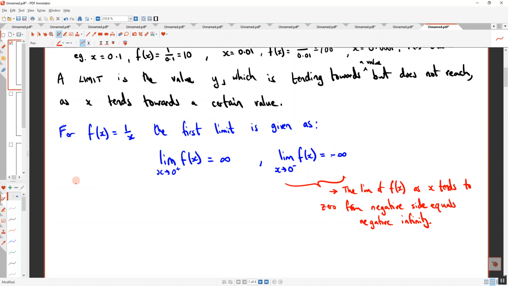Now those are the first two limits for this. We do have other ones.